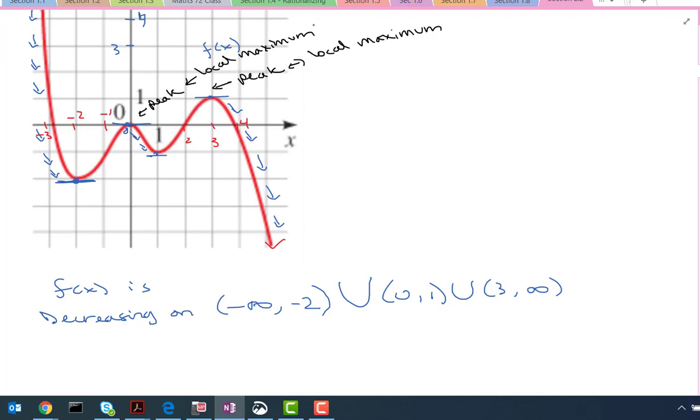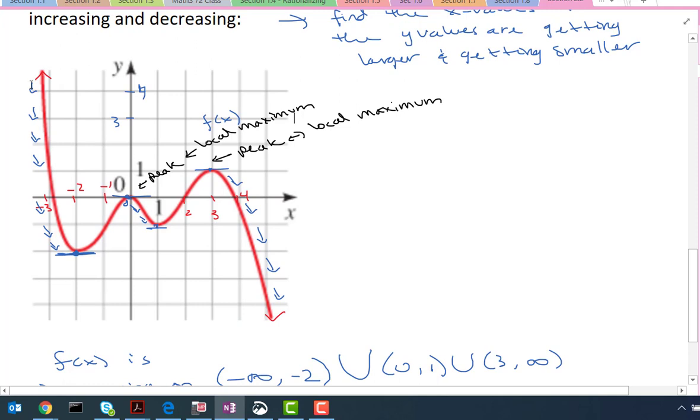The universal maximum would be the highest point on the graph. But these go on forever to infinity, so it doesn't have a highest point. It doesn't have a lowest point either, so it doesn't have a universal minimum. So we look at the peaks and valleys for localized max or min.